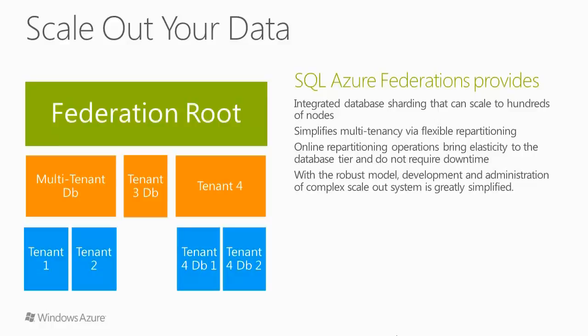Now, with this robust model, development and administration of complex scale-out systems is greatly simplified, and there are ways to do that through the Windows Azure SQL Azure Management Portal. So again, the concept is I've got the federation root. I've got my multi-tenants, and then I can scale that out into as many nodes as I want to get that true scale out. So let's actually stop and take a look at how this is set up.